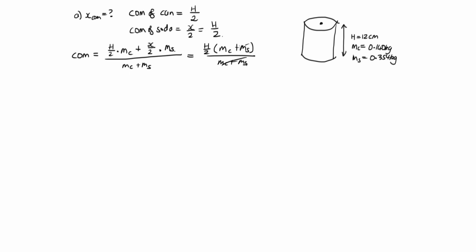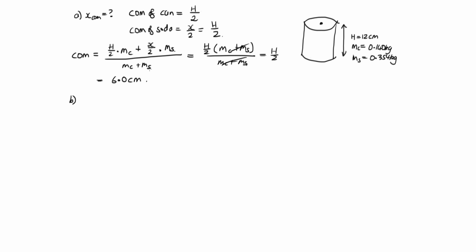We've got common factors on the top and the bottom, so it's just H over 2. And since we're told that the height of the can is 12 centimeters, this is just going to be 6 centimeters. Okay, part B then asks us what's the center of mass once it's lost all the soda.